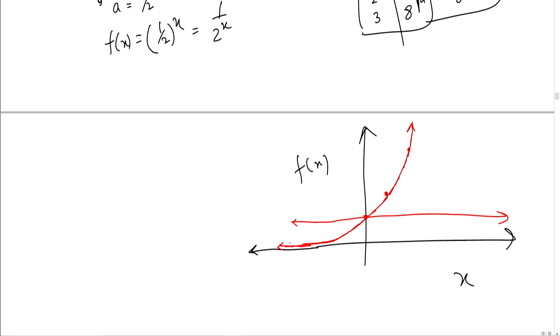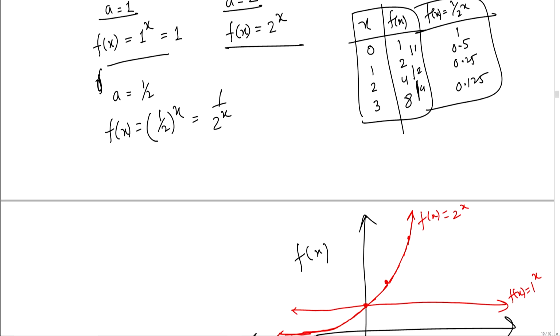So, this is how the graph of 2 to the power x looks like. Okay. This is the graph of 1 to the power x, and how would the graph of 1 by 2 to the power x look like.